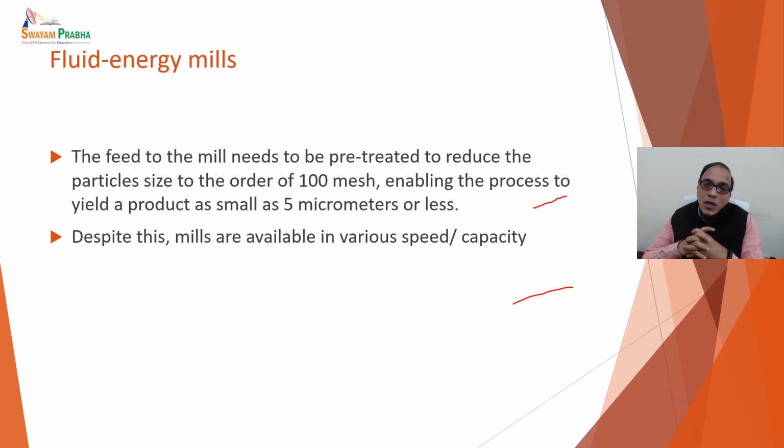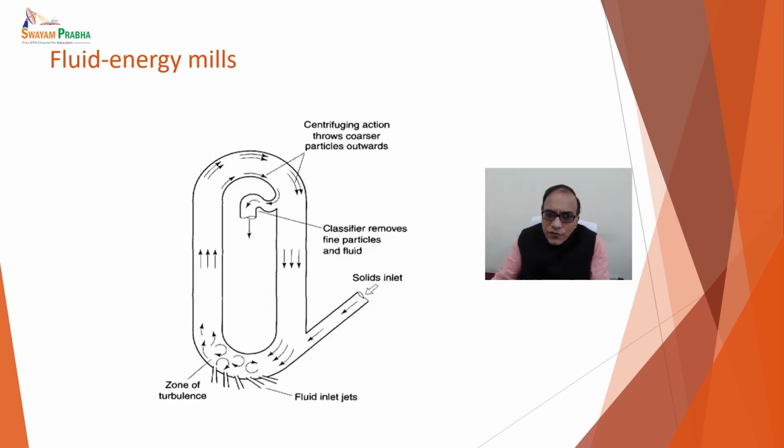The output may be optimized as per the requirements, and if you want higher output, you will have to go for high-end machines. So these are the fluid energy mills.